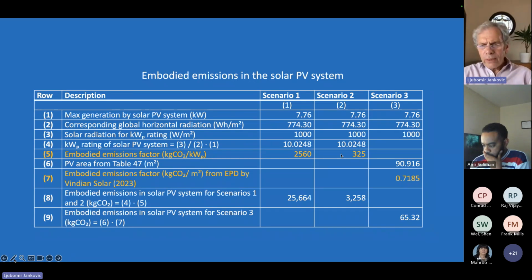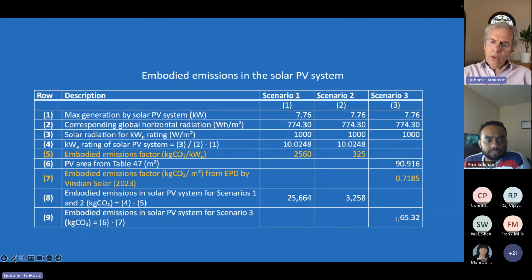But in 20 years' time, there are literature sources which say that this is going to come down quite considerably. It's still kilograms of CO2 per kilowatt peak. So I've used this value as a starting point, and this value for maintenance emissions and total emissions from the PV starting point and maintenance in the first set of calculations shown here.